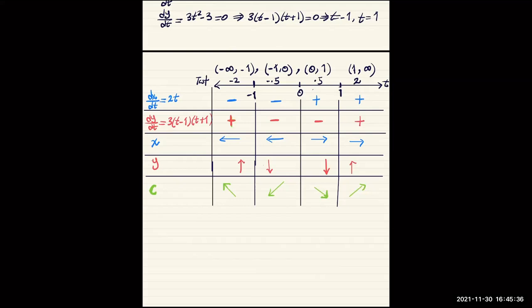Okay. If this is confusing, you can use these two arrows to get this arrow. What you do is you begin with the end point of one arrow. Connect the end point of that arrow to the head of the other arrow. That gives you the direction.